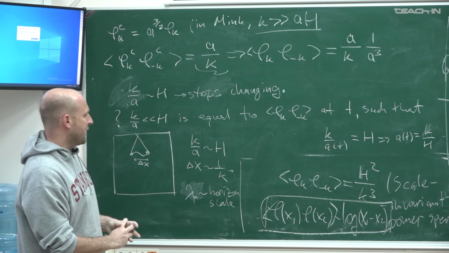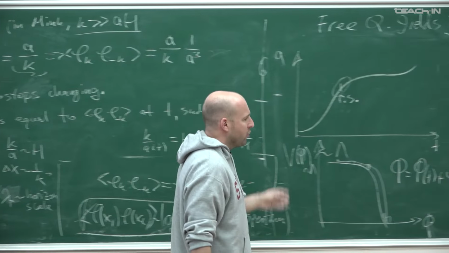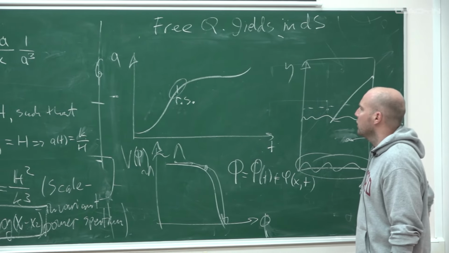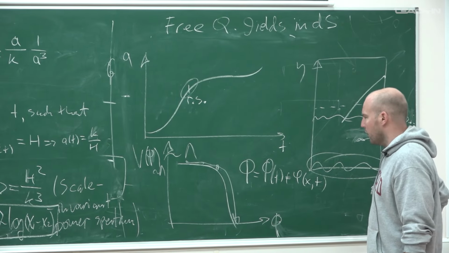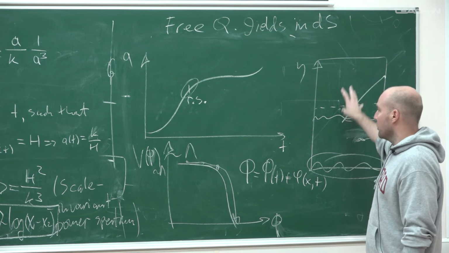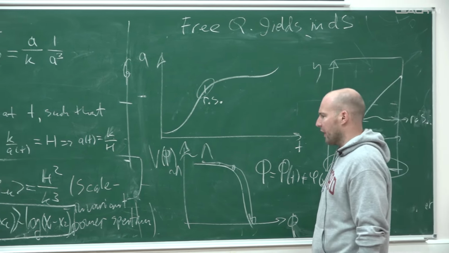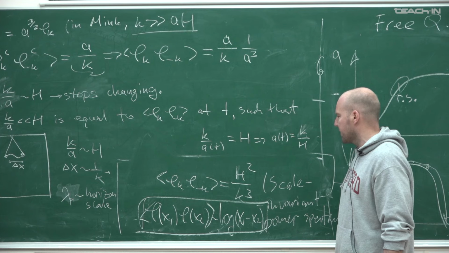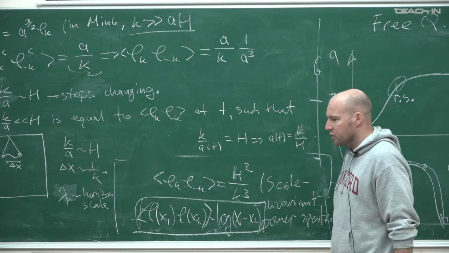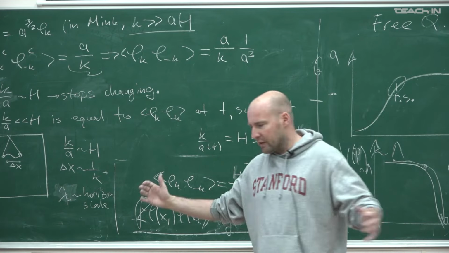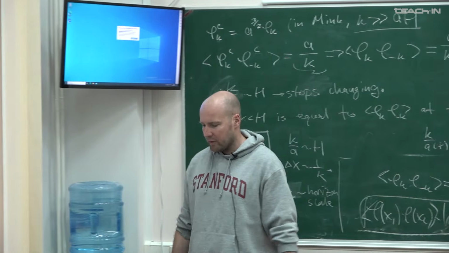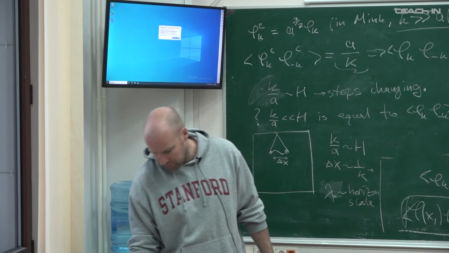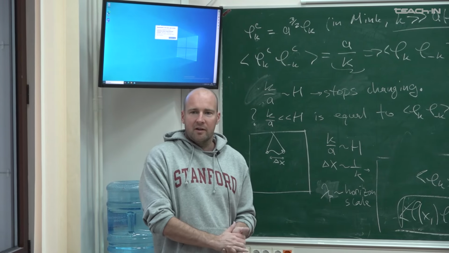But I hope I gave you some flavor of which things you need to know how to compute to be able to do these calculations for quantum fields in cosmological spacetimes, and hopefully there is some clarity to this idea of the generation of the classical fluctuations from the quantum mechanical ground state fluctuations of quantum fields. Let me know if there are any questions, but otherwise that's it.